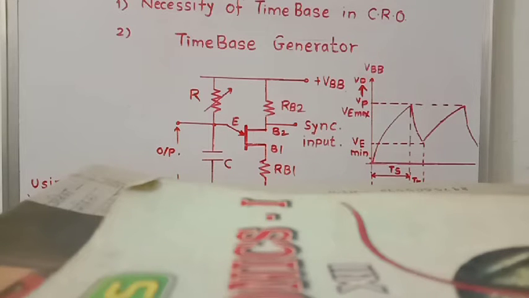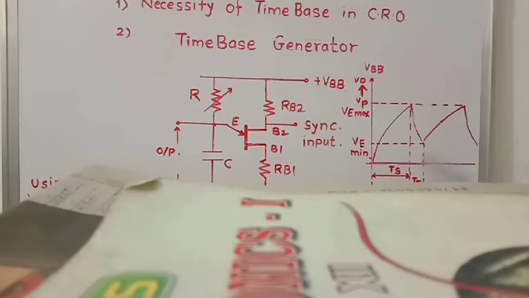Okay, and this time-based signal rises at a linear rate, or exponentially, from some minimum value to the maximum value, and then it returns to its original position. So this is called the retrace period, and this is the trace period.